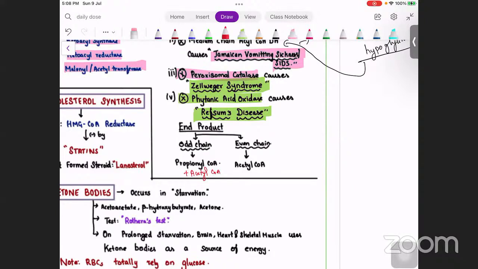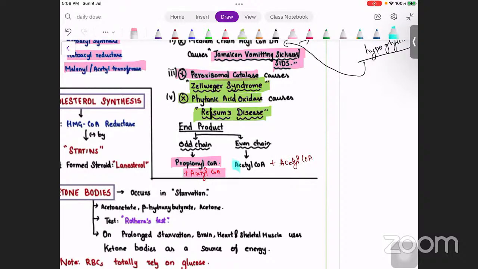That time, most people were confused and they only knew propionyl-CoA. So you have to know, for odd chain fatty acid, the end product is propionyl-CoA plus acetyl-CoA. While for even chain fatty acid, the end product is acetyl-CoA plus acetyl-CoA.